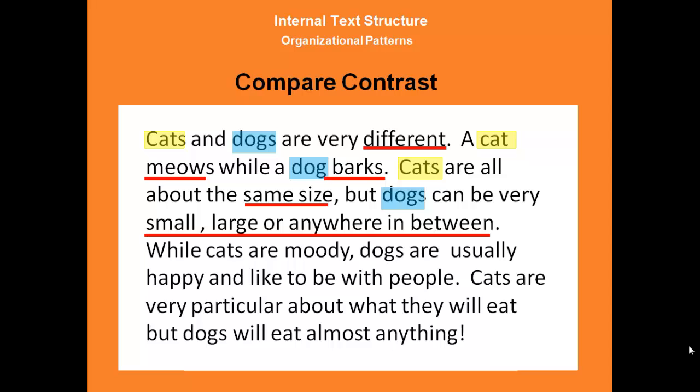Look, it's going back and forth between cats and dogs. Cats are moody. Dogs are happy. Cats are particular about what they will eat. Dogs will eat almost anything. It's that back and forth showing things that are the same and things that are different. That's one of the 7. That's called compare and contrast. So that's a pattern that you're looking for.